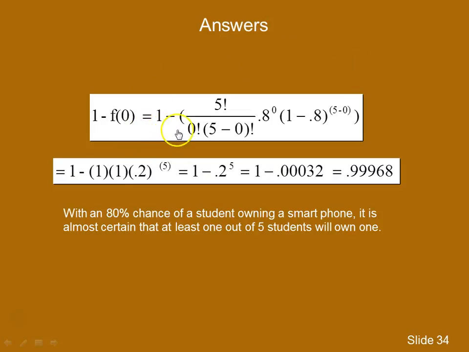So we're going to take 1 minus 0.2 to the 5th, which is 1 minus 0.00032, and we end up with 0.99968. Almost certainty that at least one of these students is going to own a smartphone. Better than a 99.9% chance that at least one will own a smartphone.